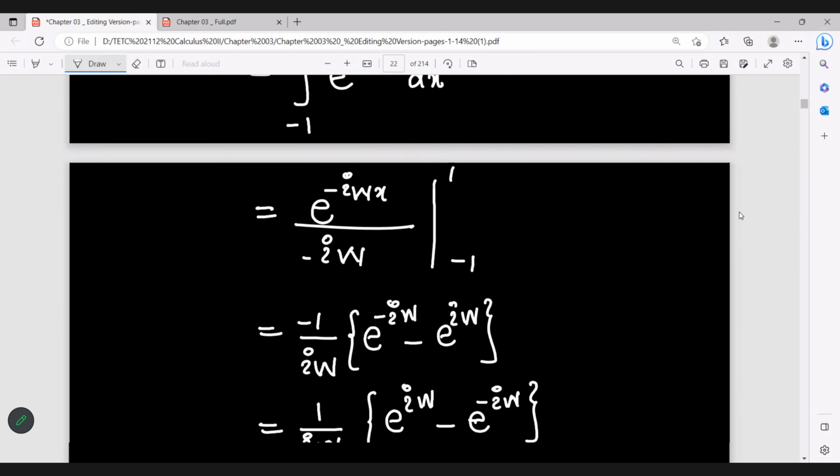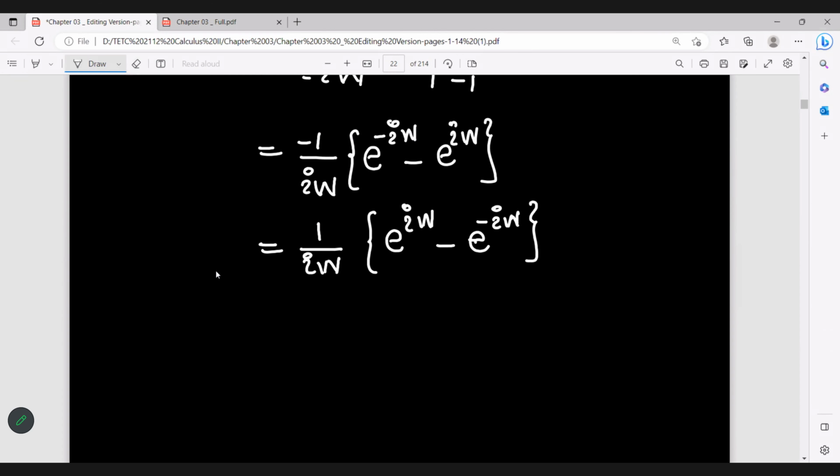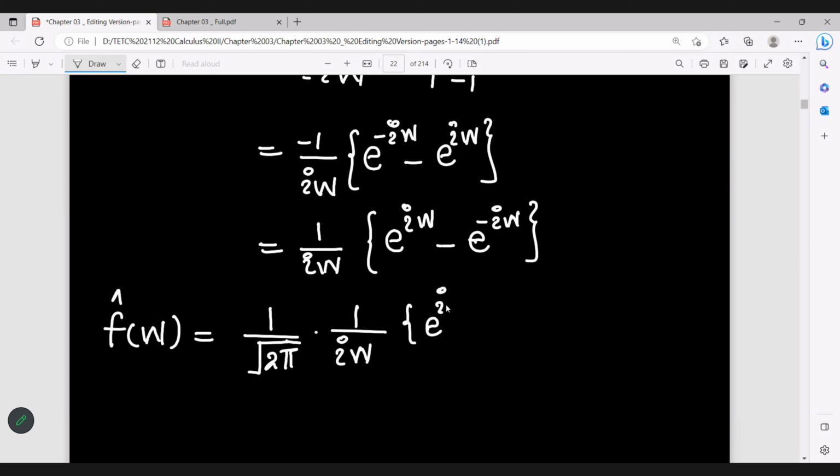So we can obtain the answer: f hat w is equal to 1 over square root of 2π times 1 over iw times (e to the power iw minus e to the power minus iw).